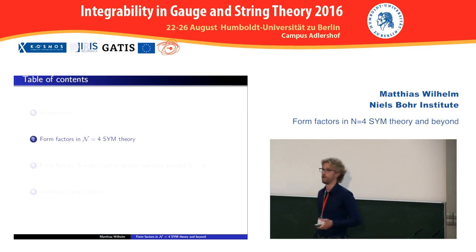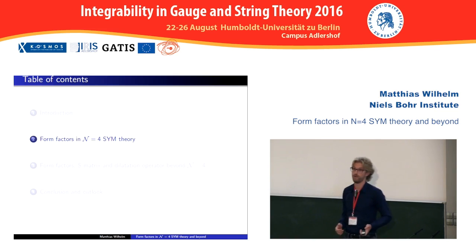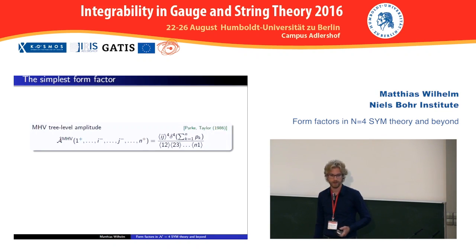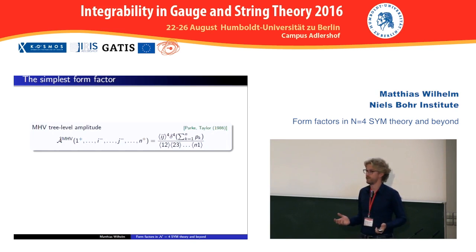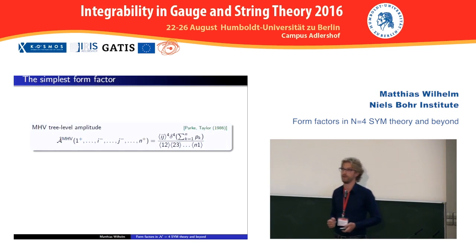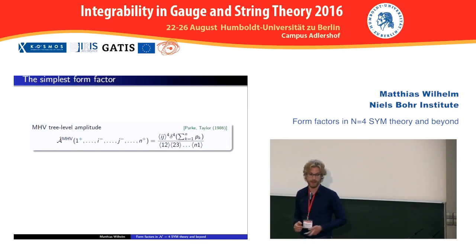Now let me give you an overview about form factors in N=4 super Yang-Mills theory, starting with some simple form factors at tree level, then going to form factors of more general operators and to loop level. The simplest scattering amplitude, I guess all of you have by now seen, is the MHV tree level amplitude given by the Parke-Taylor formula.